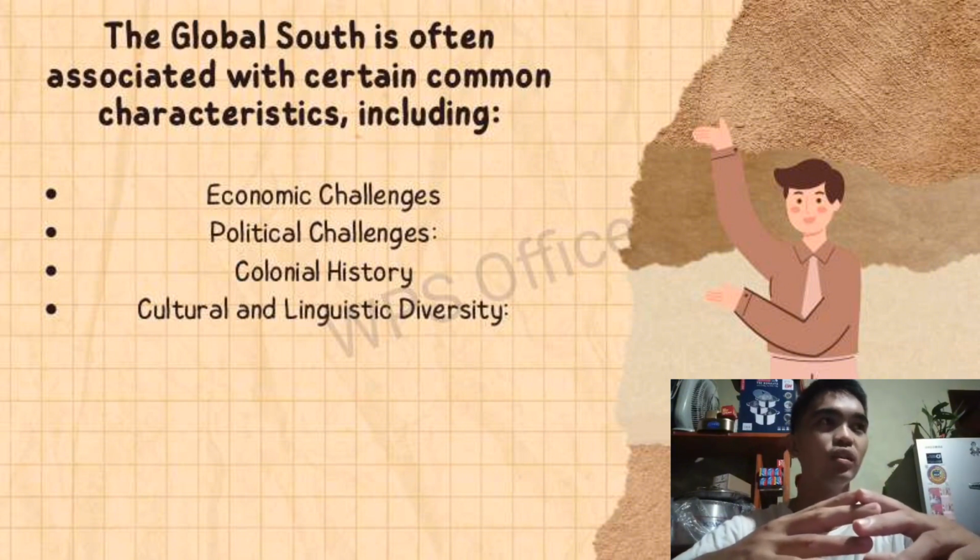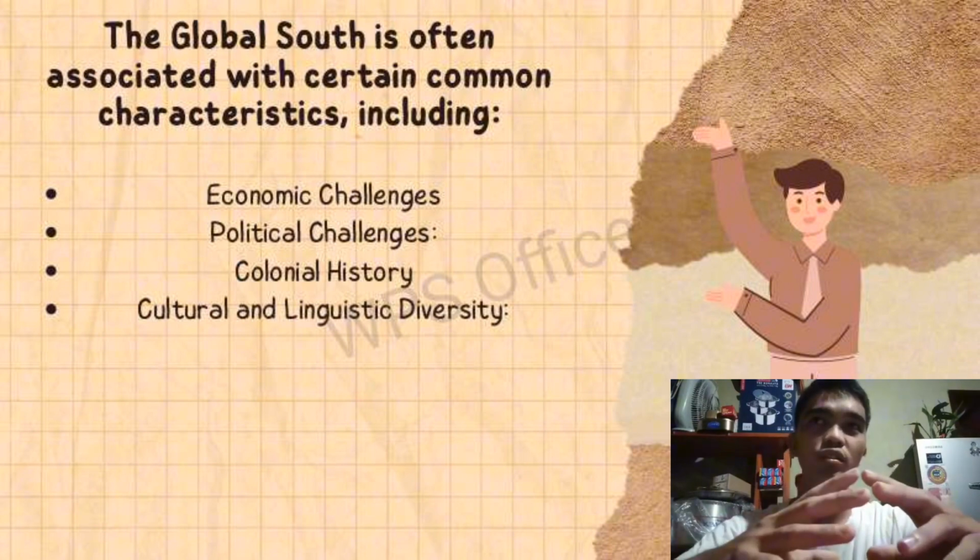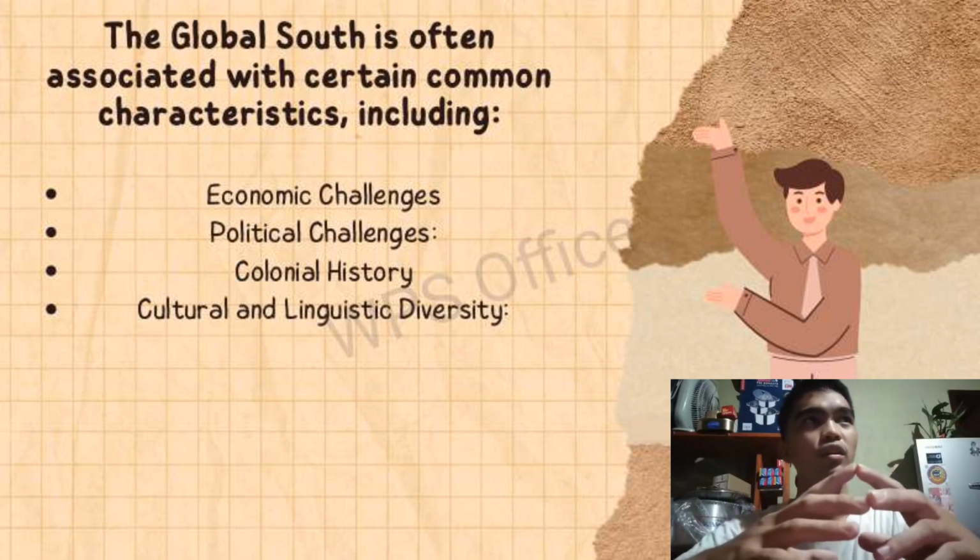So the south is easy to colonize because they experience poverty more than the north.